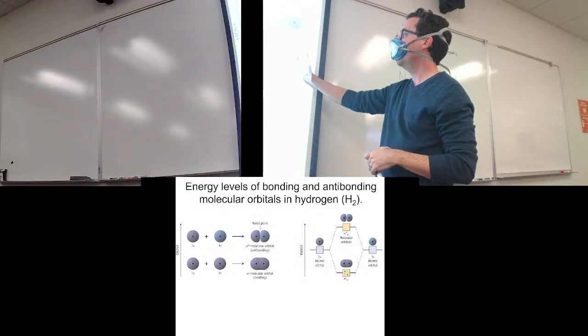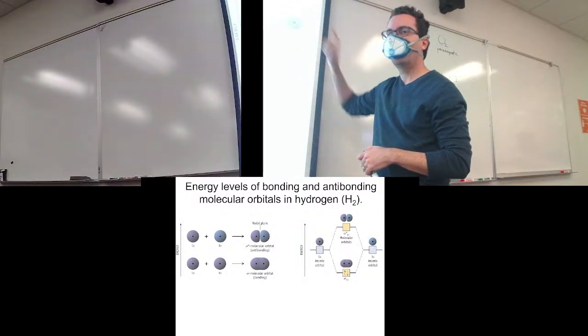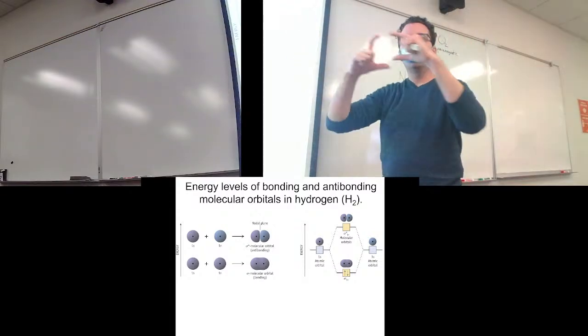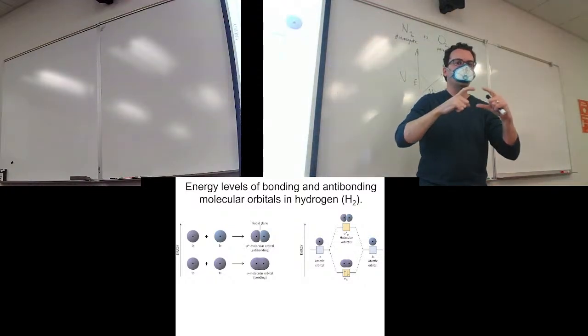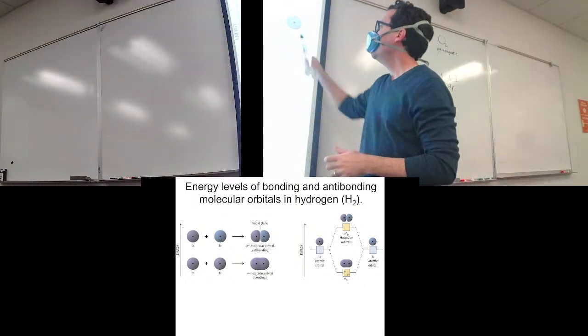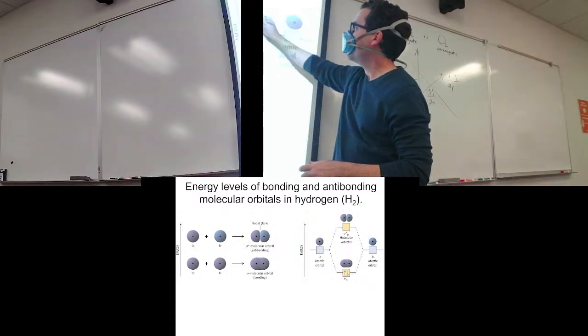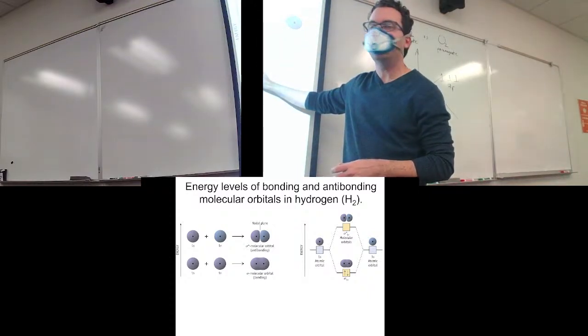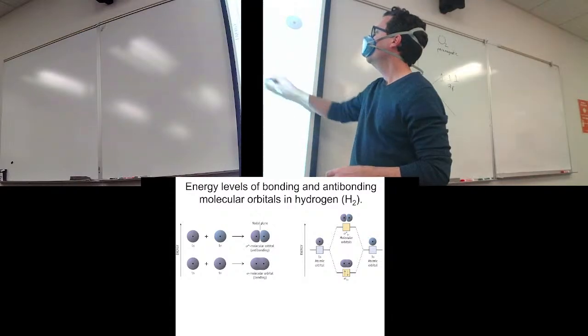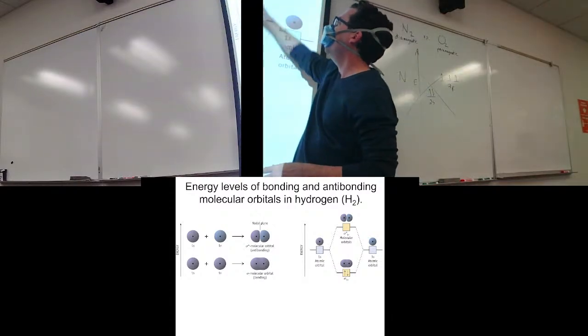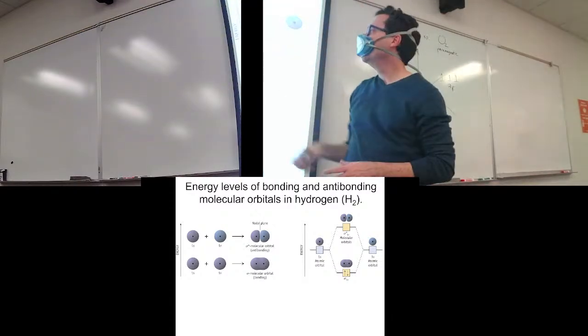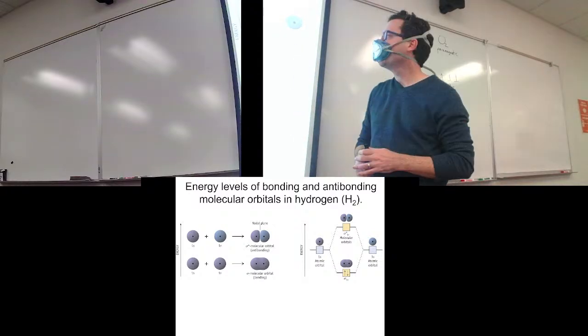Here's another hydrogen by itself, which has its 1s orbital. When they overlap and make their new molecular orbitals, we combine them. The bonding molecular orbital is actually lower in energy than the originals, and the anti-bonding orbital is higher in energy than the originals. All right, so there's a balance here.